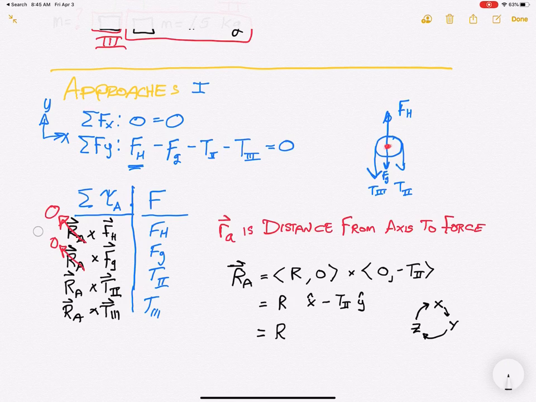I'm going to have R T2, tension 2, and then I'm going to pull the minus sign out because that's also a constant, and we're left with x hat. Oops, I was right. I'm sorry. X hat here. That's the cross product. All right.